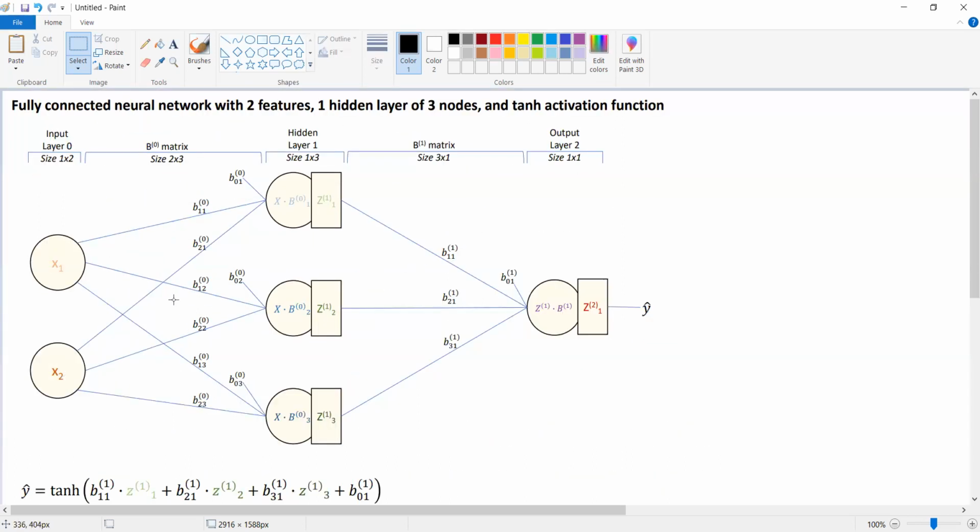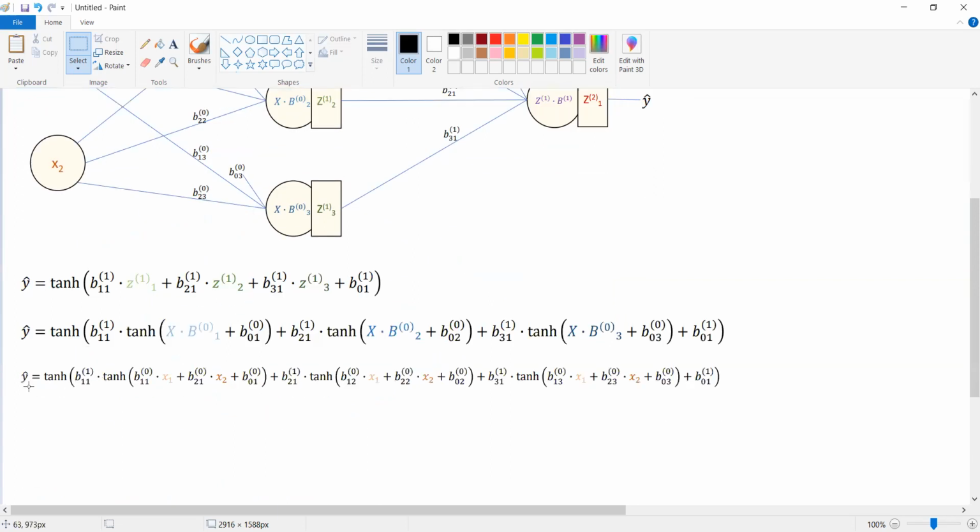And you can imagine, no matter how large a neural network becomes, right? You can stack 100 layers here, doesn't matter. It will just, at the end of the day, if you open it up, be one long expression. Okay, so you can think of it as a really long stacked function.